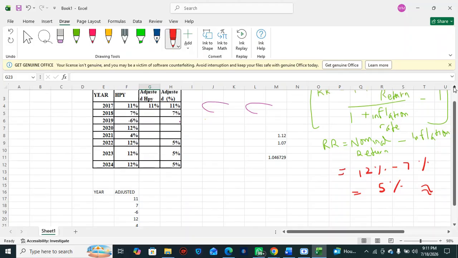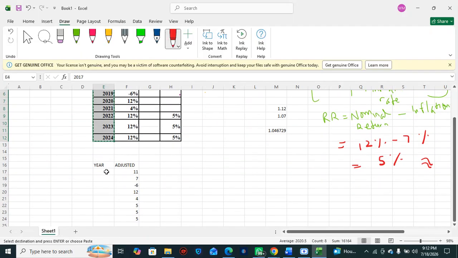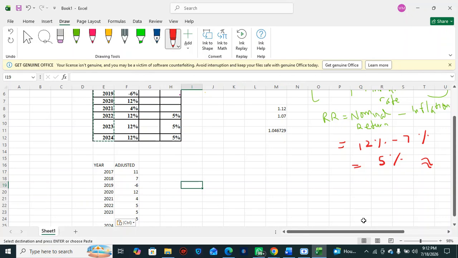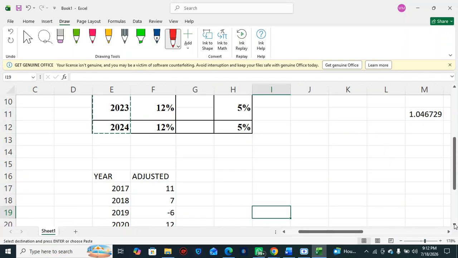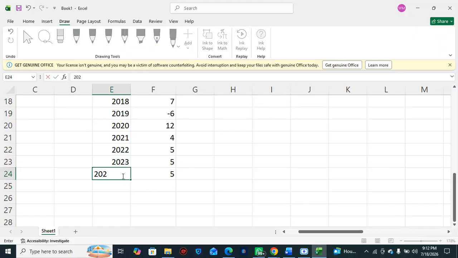So the standard deviation, first things first, you need to calculate the mean. We have to calculate what is the average return. So remember how we get the mean?